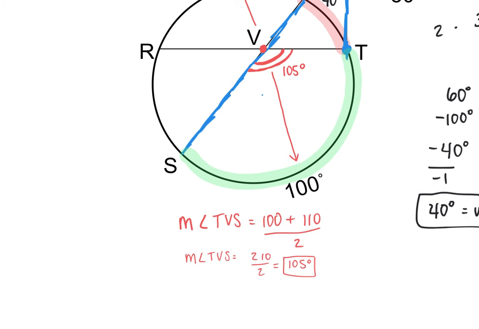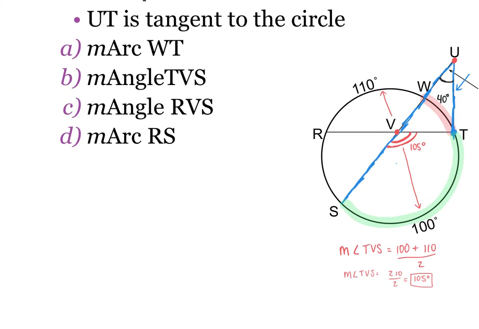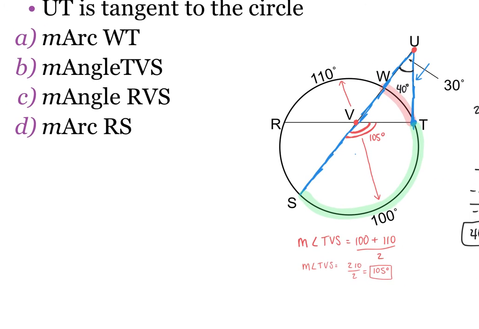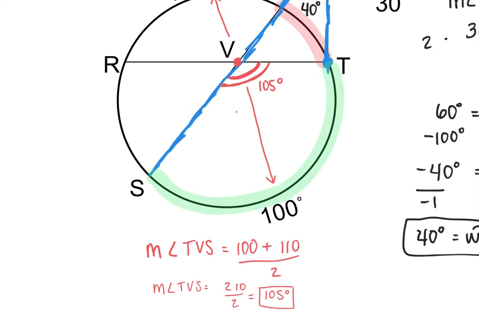Next, it is asking me to find the measure of the angle RVS. Any ideas on what this angle will be in green? 40. What's that, Karen? 40.